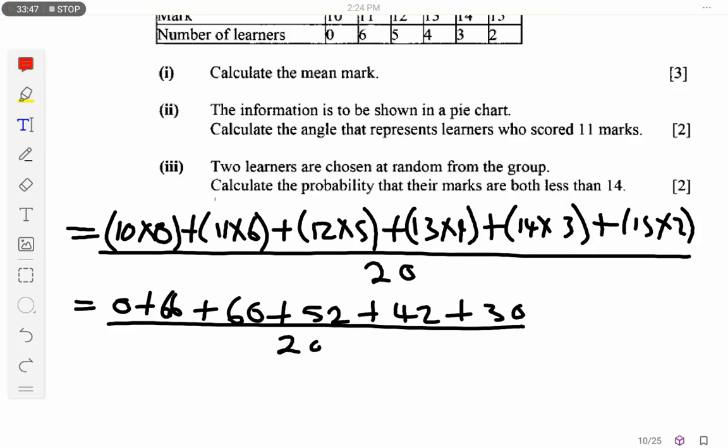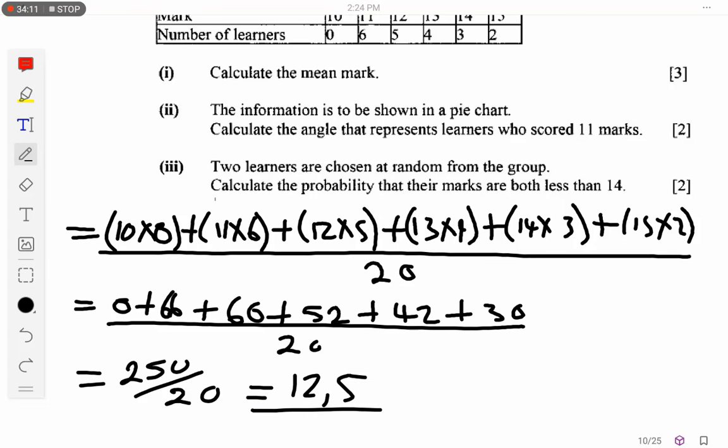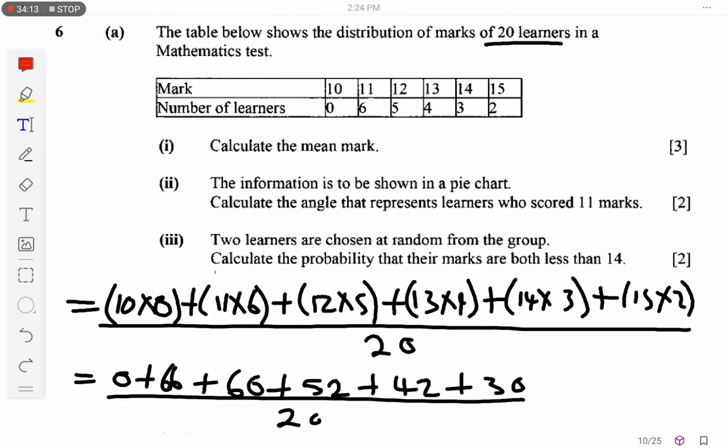Okay, so when we add this, let's add together 66 plus 60 plus 52 plus 42 plus 30. Okay, I'm getting here 250. Then we divide by 20. 250 divided by 20, that's a 12.5. So this is the average there. So when we say the average, we are saying the average mark was 12.5 there.